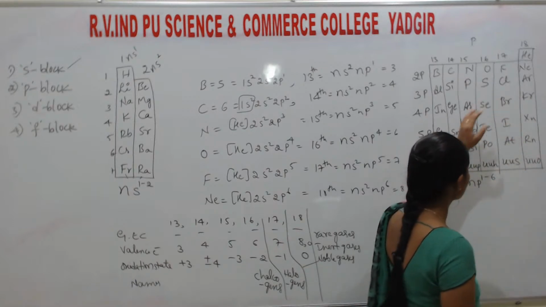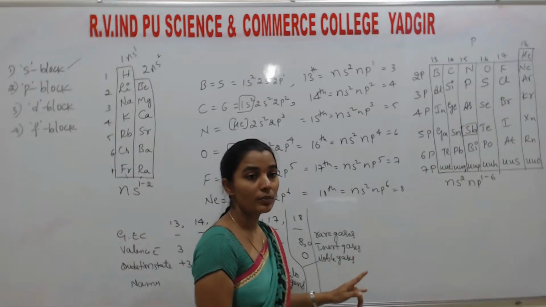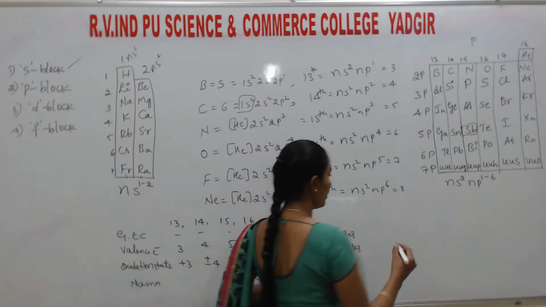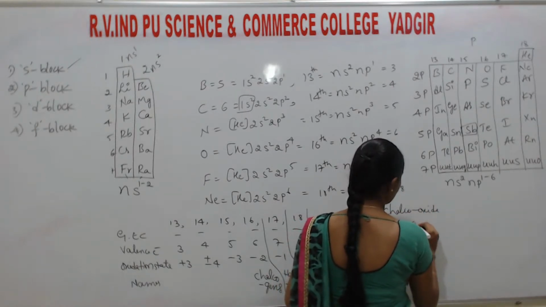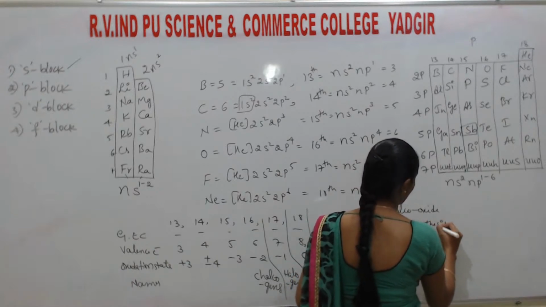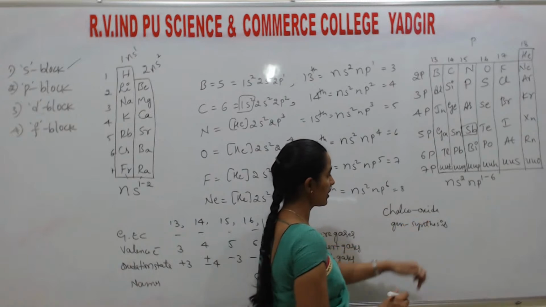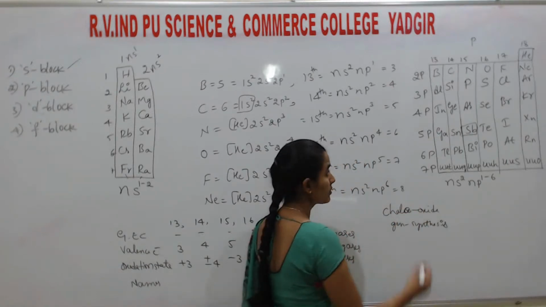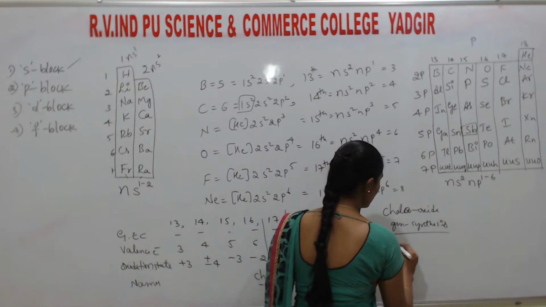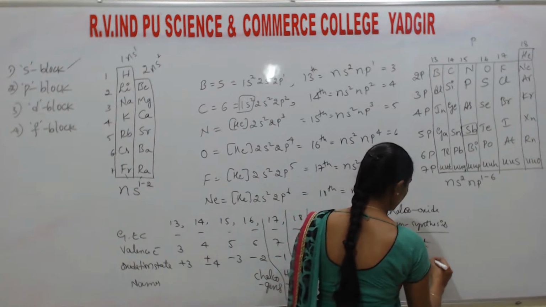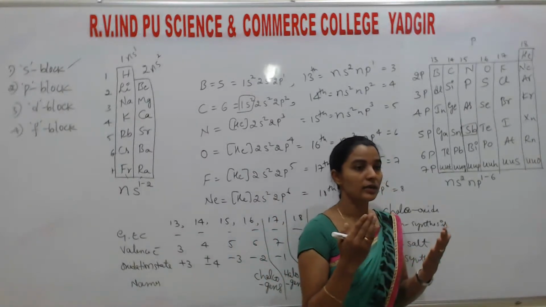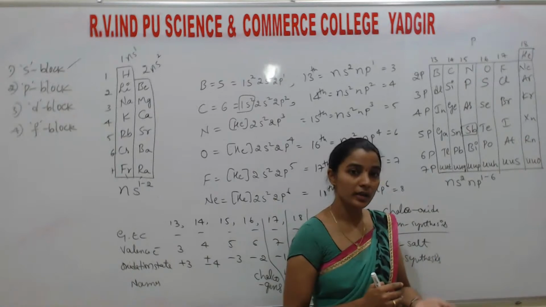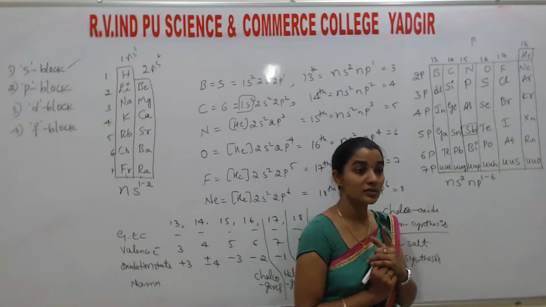Next, why is it called halogens? Halo means salt, gen means synthesis. Any salt you consider, like NaCl, KCl, KI, those are all called salts.